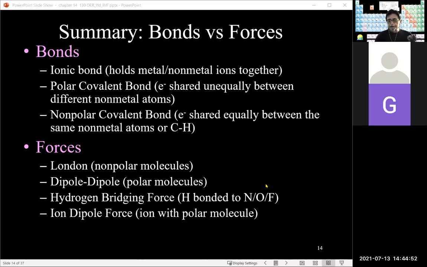With respect to forces, we've got London forces that apply only to nonpolar molecules, and dipole forces, which apply to polar molecules. And then we have the hydrogen bonding force, which is a dipole force. However, it has its own special name and applies only to nitrogen, oxygen, and fluorine that have hydrogen bonded to them. And then finally, the ion-dipole force, which normally is in an aqueous system with some type of ionic compound.